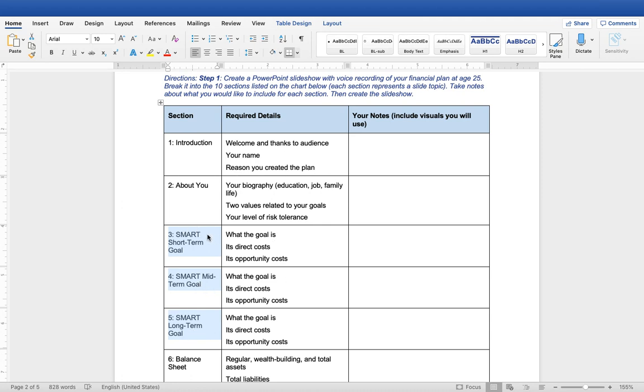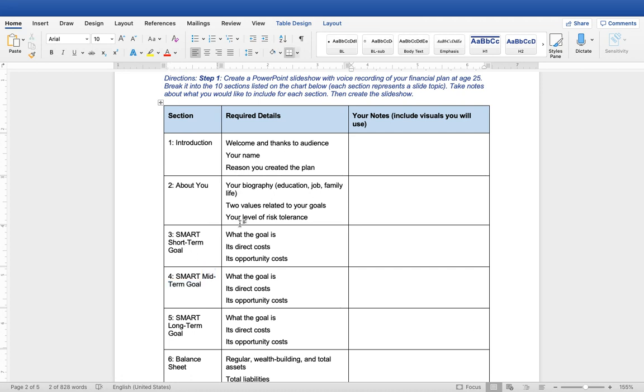We also defined what short, mid, and long-term means for our class following the NEF lessons. As a recap, short-term is anything less than 2 years, midterm between 2 to 5 years, long-term more than 5 years.